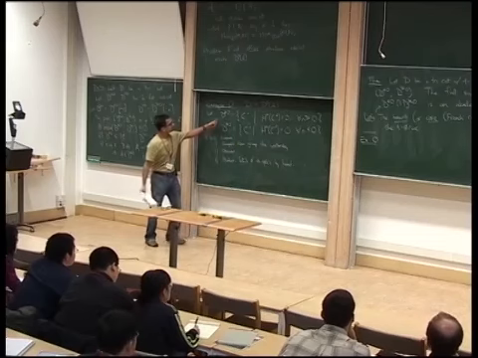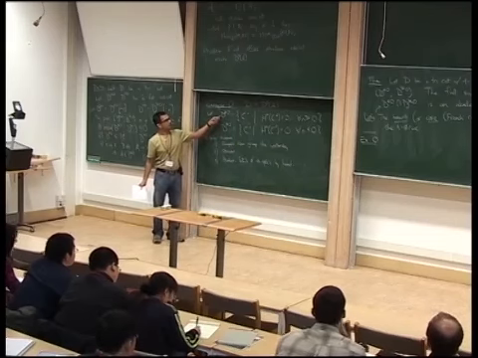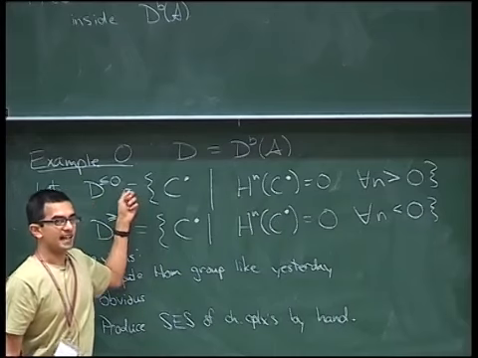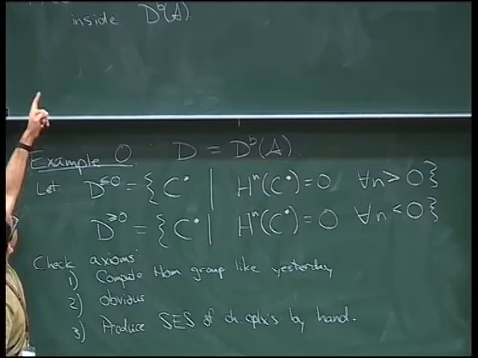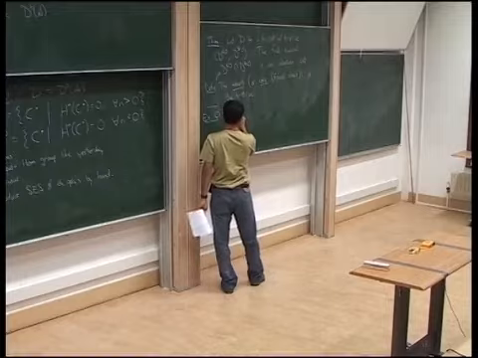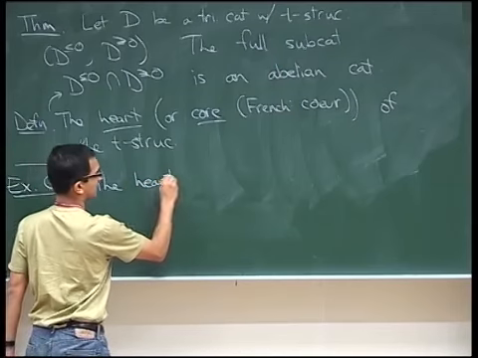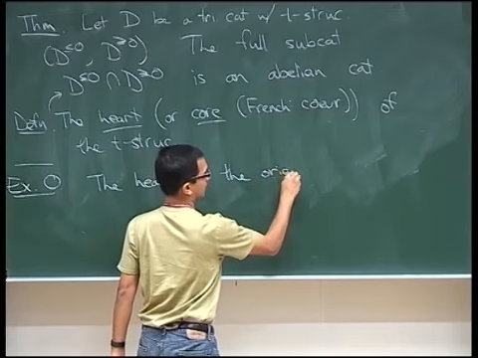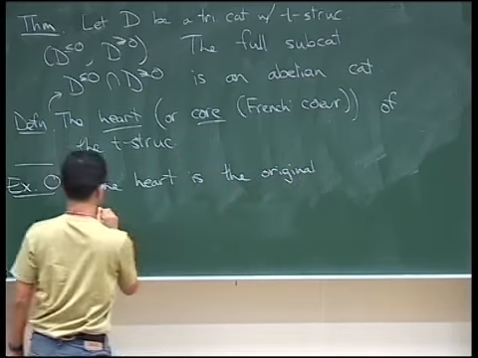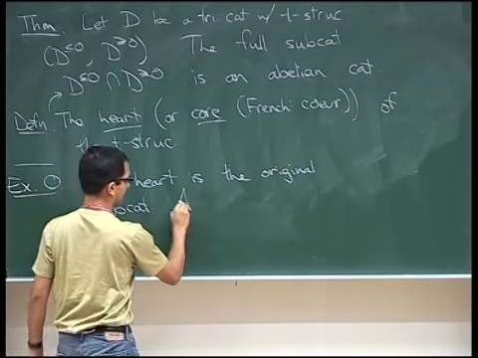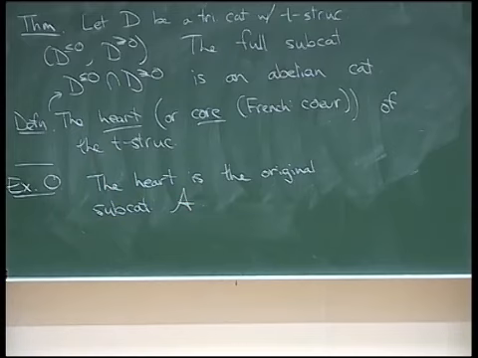It's going to be the full subcategory of chain complexes with cohomology exactly in degree 0. So that's just the original abelian category that we started with. So the heart is the original subcategory A. Okay.